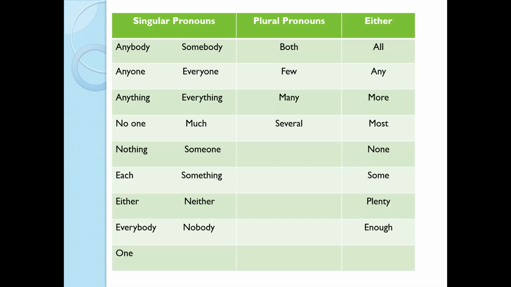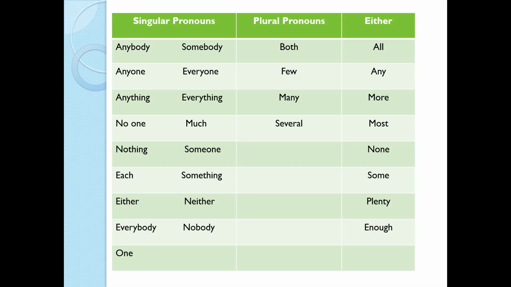These are 3 types of indefinite pronouns: singular, plural, and either. Singular pronouns would be anything like anybody, anyone, no one, nothing, each, either, neither, nobody, everybody, one, and so forth.